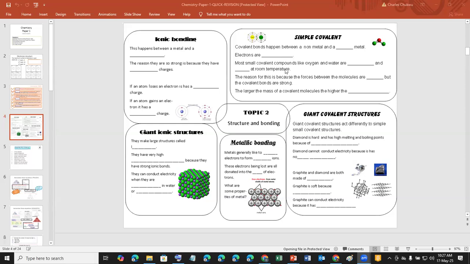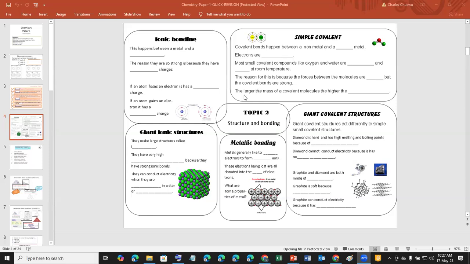Most small covalent compounds like oxygen and water are gases and liquids at room temperature. The reason for this is because the forces between the molecules are weak, but the covalent bonds are strong.